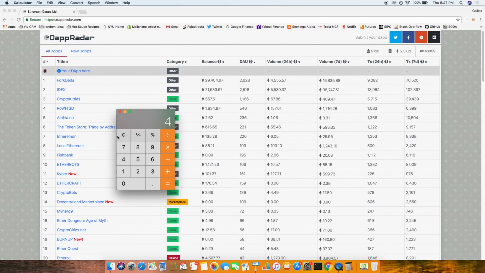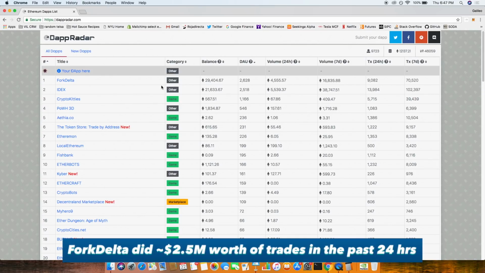Times 4,555, so that's about $2.5 million worth. Yes. Now, obviously it's an exchange, so that doesn't mean they made $2.5 million, but it does mean that it's actually doing a lot of trade volume and there's a lot of economic activity happening.